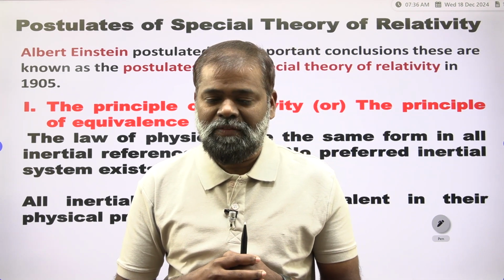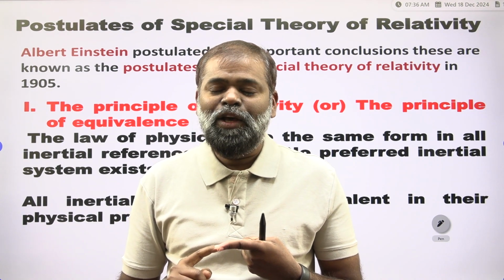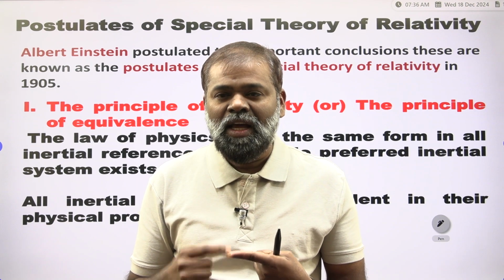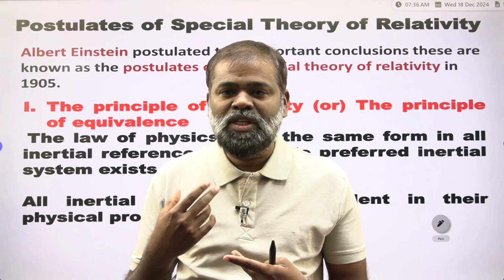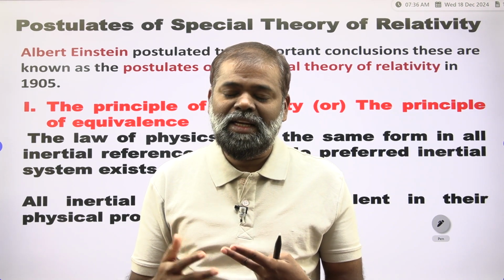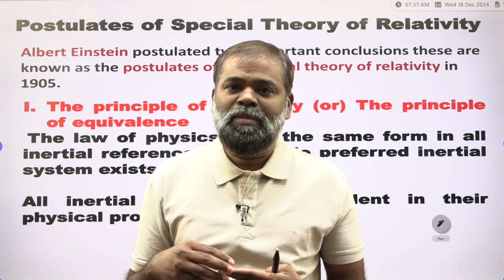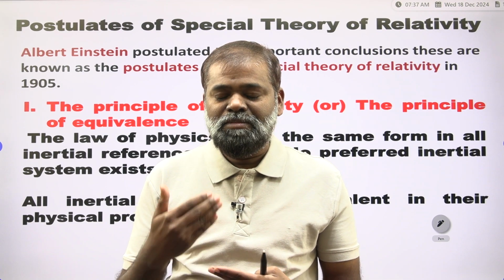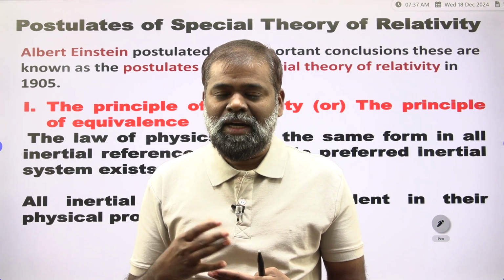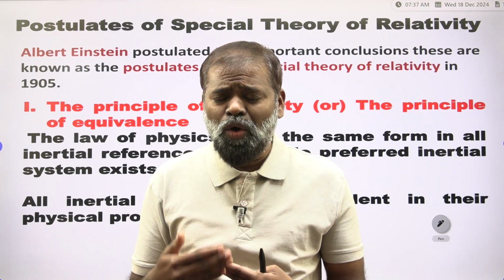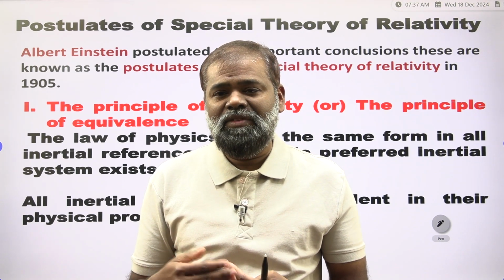Now we will see the next topic. In the previous class we discussed the introduction of the special theory of relativity. First, Galileo introduced the basic principles of relativity. Later Newton supported the Galilean transformations, so that's why we also call them Newtonian transformations. After some time, many people came, but the Galilean transformations did not obey the Maxwell equations.